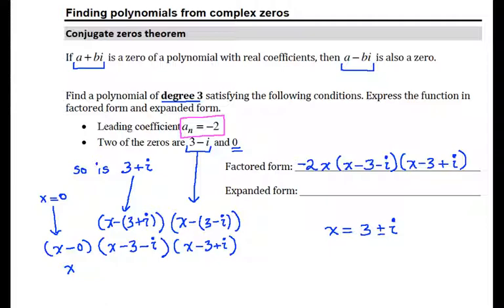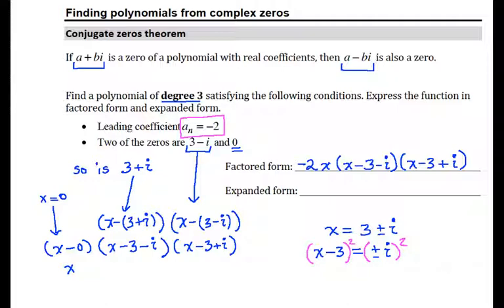I'm going to get the plus or minus term alone on one side and everything else on the other side, which looks like this. x minus 3 is equal to plus or minus i, because this way I can go ahead and square both sides and that plus or minus will go away.